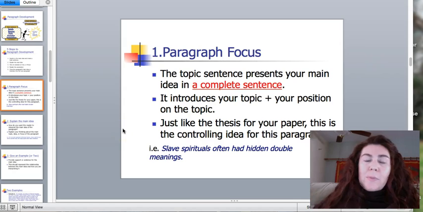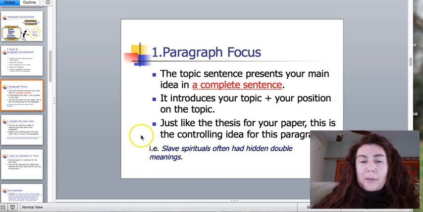So, step 1 is the topic sentence. And I'm going to be doing an example with you as we go through this so that you can see what it looks like. So like I said, the topic sentence is your main idea. And in the example that we're going to be using, the topic sentence for the paragraph is slave spirituals, referring to songs, often had hidden double meanings.